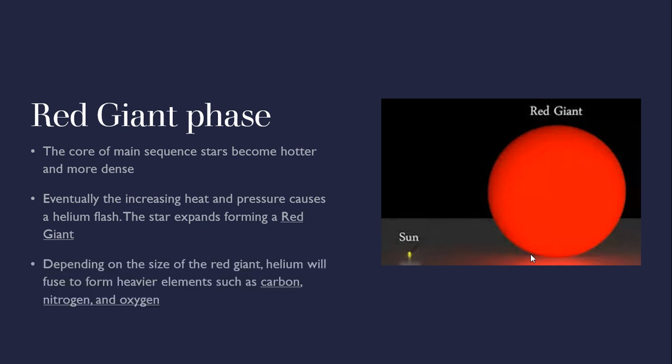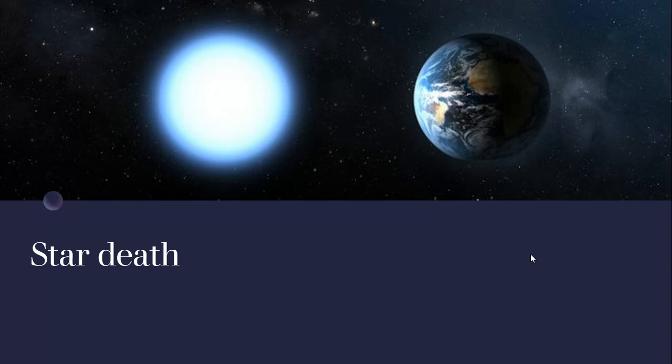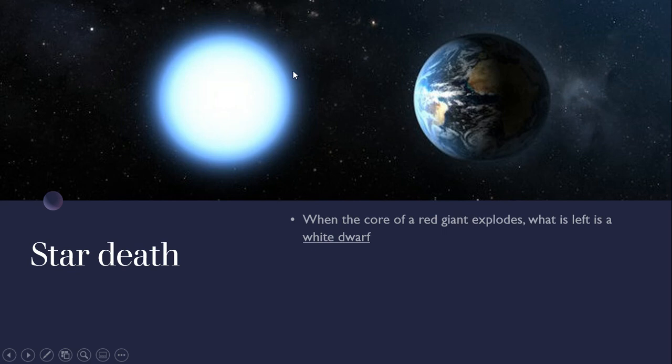Depending on the size of the red giant, helium will fuse to form heavier elements such as carbon, nitrogen, and oxygen. For our smaller stars, that's as far as they will go. When the star eventually dies, it will form what we call a white dwarf. The red giant will explode, leaving a white dwarf behind.